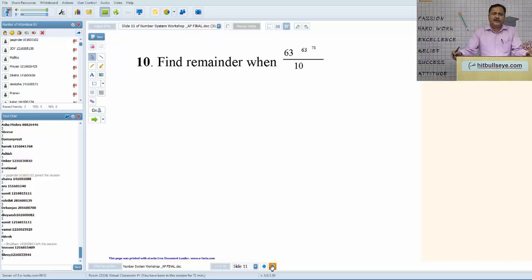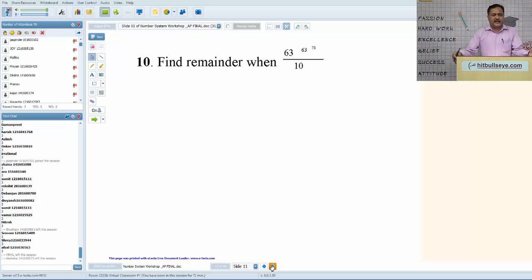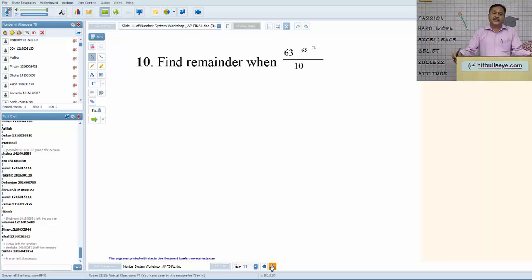See, whenever a number is divided by 10, the remainder will always be the last digit. Unit digit will always be the remainder. Similarly, whenever a number is divided by 100, the remainder will always be the last 2 digits.